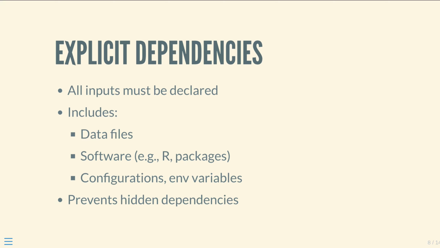What is important is that you need to absolutely declare all the dependencies. These inputs include data files, the software, R packages or Python packages, configurations, environment variables. It doesn't matter. All of this needs to be explicitly declared because the derivation is going to be built inside a hermetic sandbox.